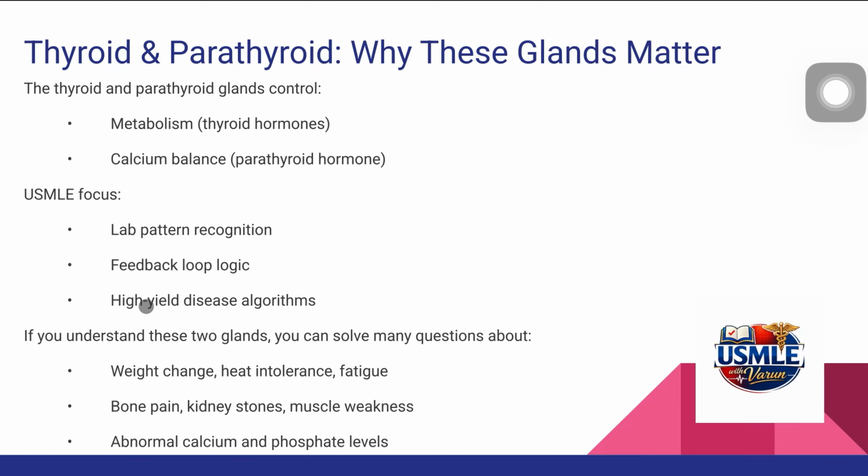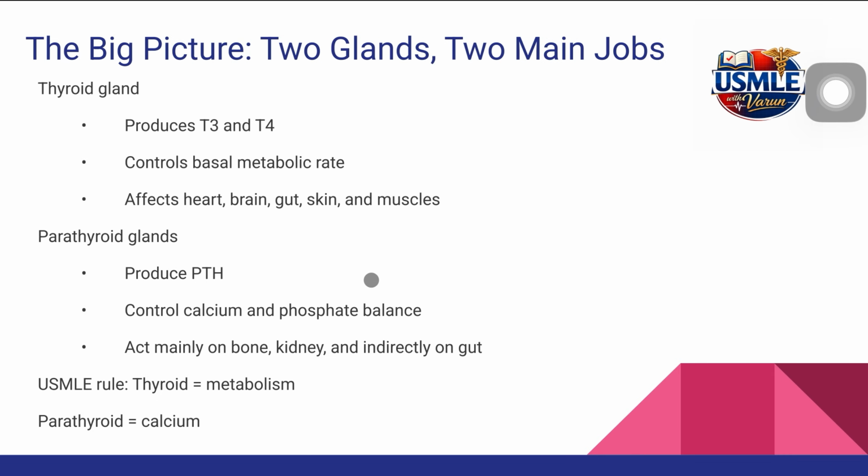So all these are the key areas that are tested. If you understand this logic, you won't need to memorize random tables. So you just have to understand the lab pattern recognition, the feedback loop, and high yield disease algorithms and pattern recognition.